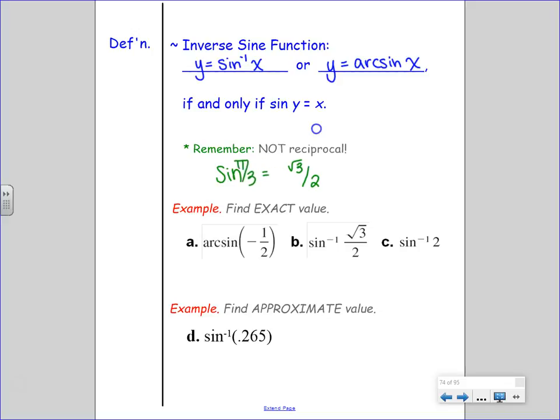In this one, we said sine of an angle equals a ratio. For inverse, we're going to say sine inverse of the ratio should get us back to what angle?